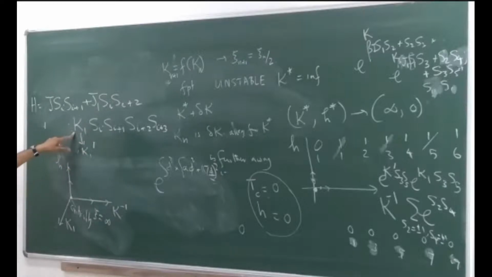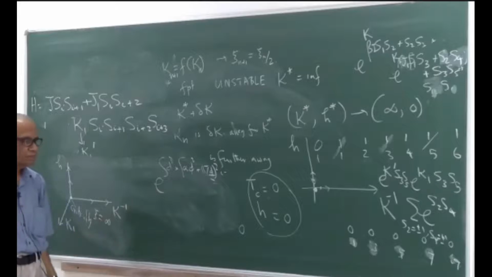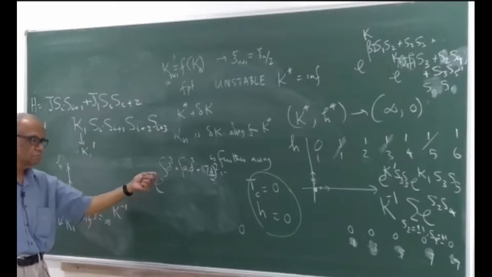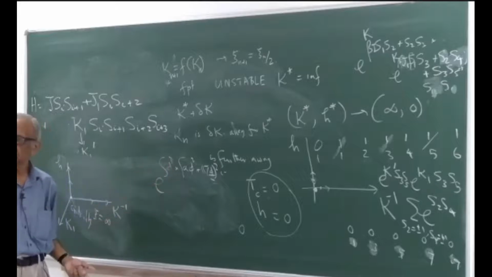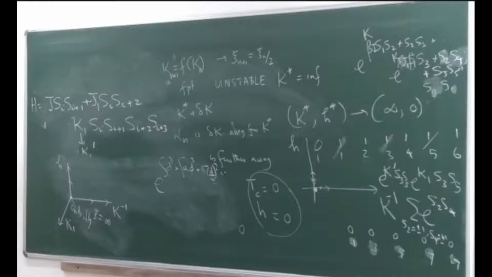A priori, by looking at it, I can't really tell you that the dimension of k1 is not, because these spins don't have a dimension. That is one of the advantages of using a continuum description.